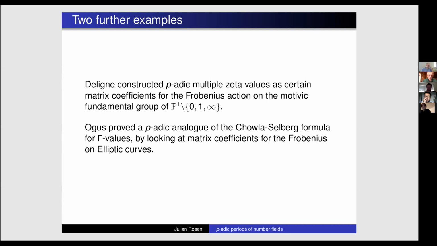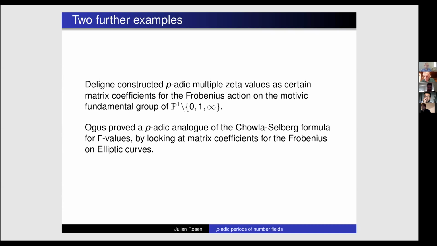So I just wanted to mention a couple of other examples. There are these multiple zeta values. These are real numbers generalizing values of the Riemann zeta function at positive integers. Deligne has a construction of p-adic multiple zeta values coming from looking at the coefficients for the crystalline Frobenius acting on, in this case, a motive, the motivic fundamental group of the line punctured at 3 points.